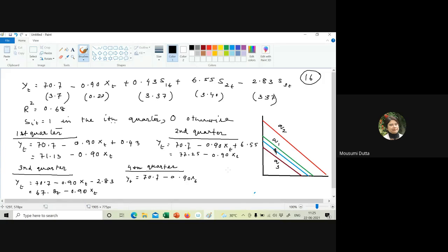And hence the seasonal variations will be compared with respect to the fourth category. Both the first and the second quarters have greater seasonal variation compared to the fourth one.